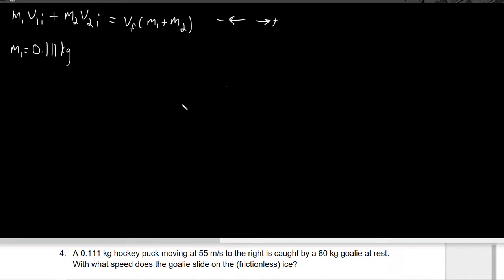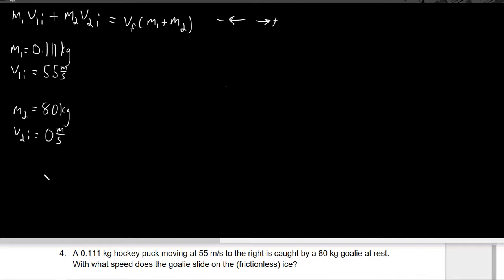So the initial velocity of object 1 is 55 meters per second in the positive direction. It is caught by an 80 kilogram goalie at rest. The goalie is going to be object 2, with a mass of 80 kilograms, and they're at rest, so the initial velocity of object 2 is 0 meters per second.